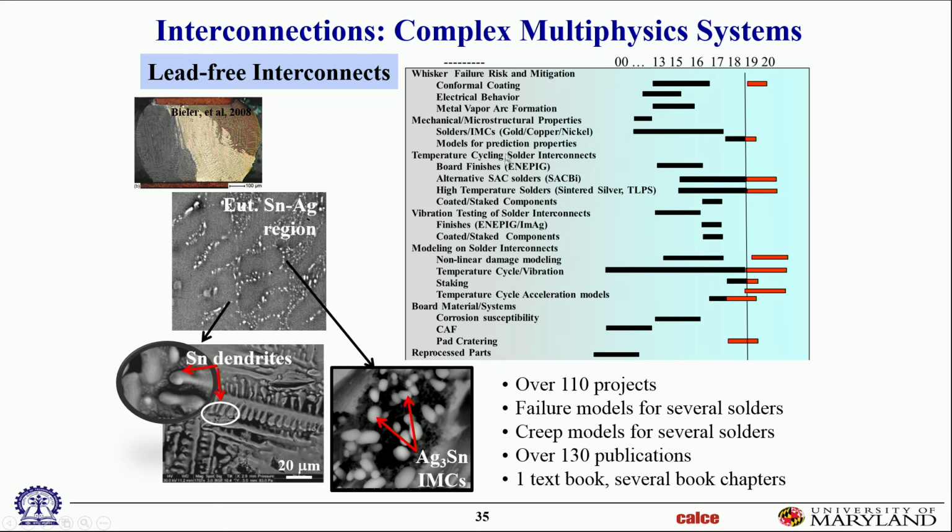And over the years, we've worked on many, many different aspects of lead-free solders, all the way from whisker formation. That's, again, totally different. Anyone know about whisker formation? One or two, yeah. So what happens is, this is never-ending digressions, I apologize.